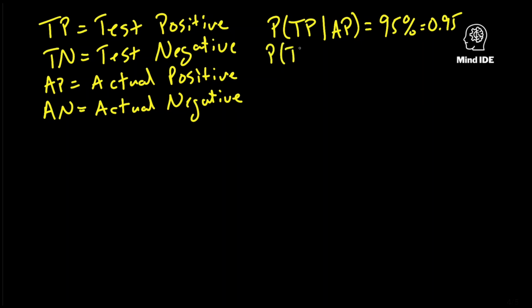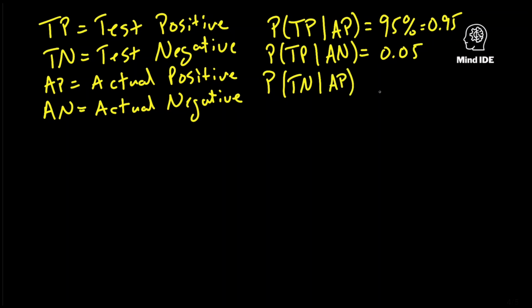Probability that you test positive when you're actually negative is 0.05, which is 5%. Probability that you test negative when you're actually positive is 0.05 again. And probability that you test negative when you're actually negative is 0.95.